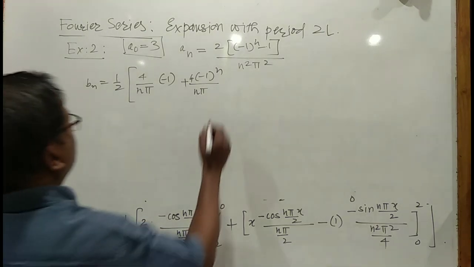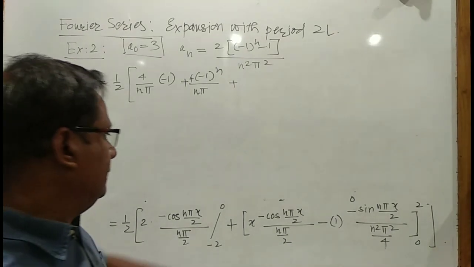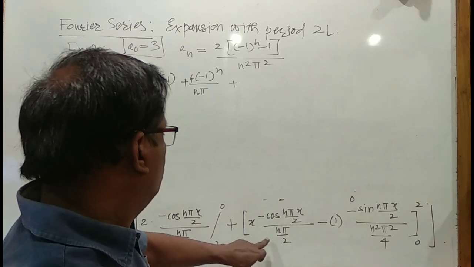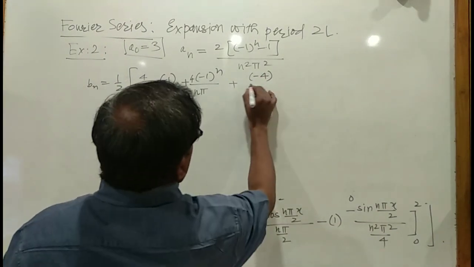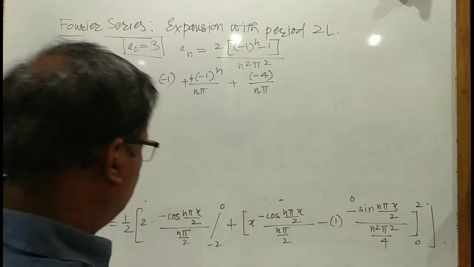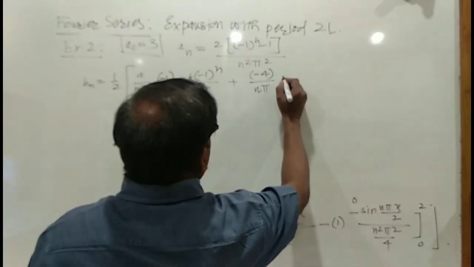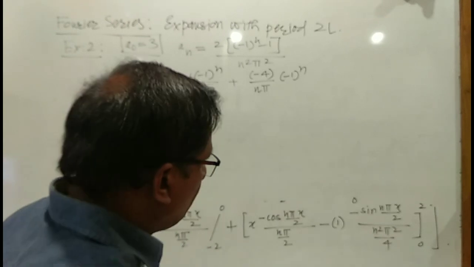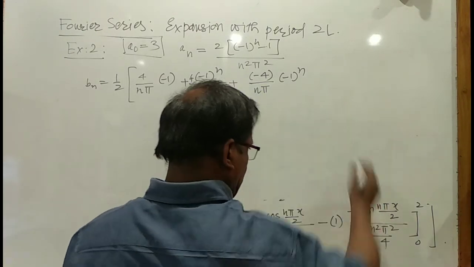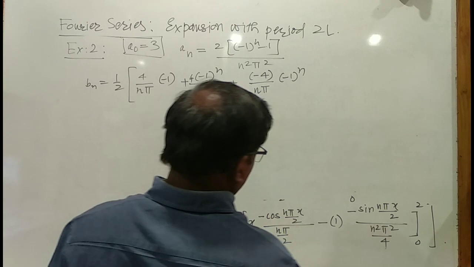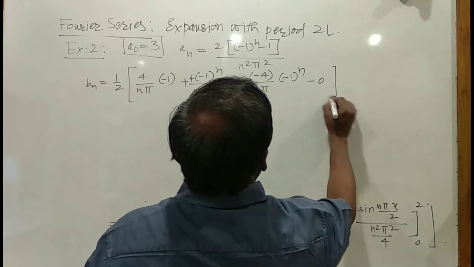Plus here when you put x equals to 2, so this 2 and 2, this becomes minus 4 upon n pi, 4 upon n pi cos of n pi is minus 1 raised to n, minus minus plus. When you put x equals to 2, sin n pi becomes 0, that vanishes, and when you put lower limit x equal to 0, this term vanishes, and when you put x equals to 0 here, this also vanishes. So the lower limit is 0.